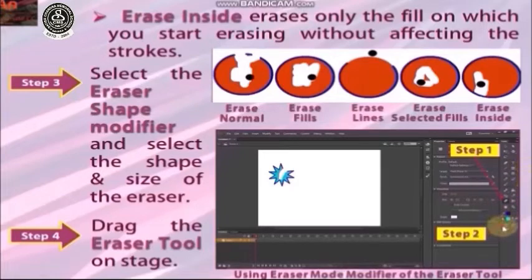Step 2, click on this, choose any one of the eraser mode modifier. And step 3, choose the eraser size and shape from here. And step number 4, click and drag it on the stage on an object. Clear?